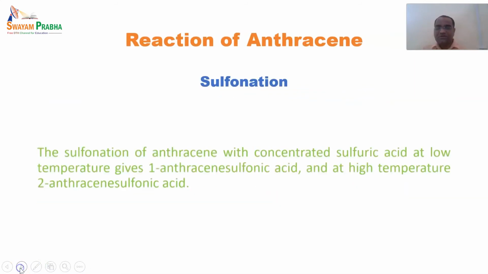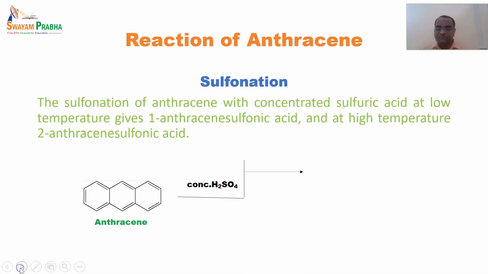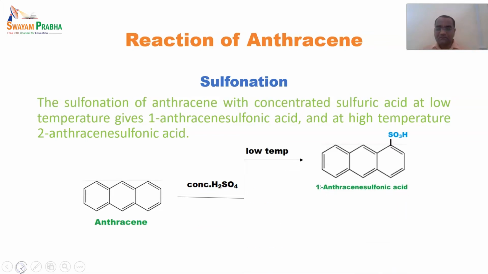After that, sulfonation. Sulfonation of anthracene with concentrated sulfuric acid at low temperature gives 1-anthracene sulfonic acid, and at high temperature gives 2-anthracene sulfonic acid. As discussed earlier, beyond the 9th and 10th positions, we can also get alpha or beta substitution.